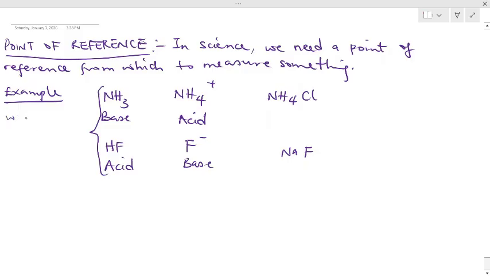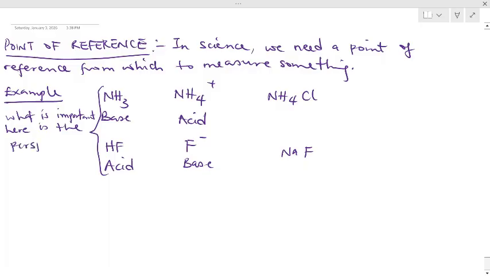So what is important here in this example is the perspective.